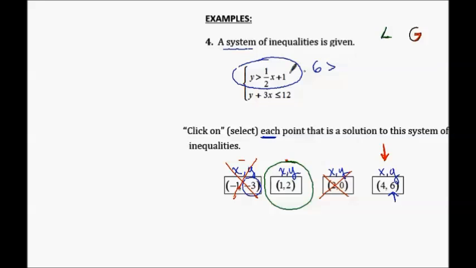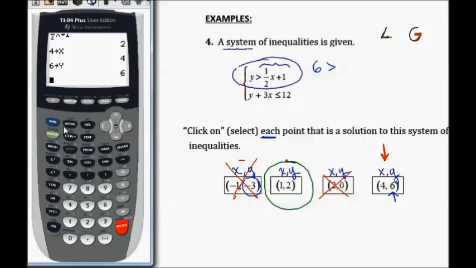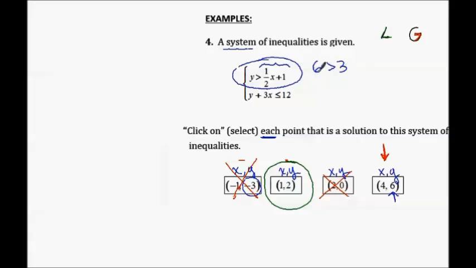It says it's greater than, and then this part, just let the calculator do the complicated parts. Type in the right hand side of your inequality and you get a 3. This says 6 is greater than, because this symbol is facing the same way as the letter G. And that's true.